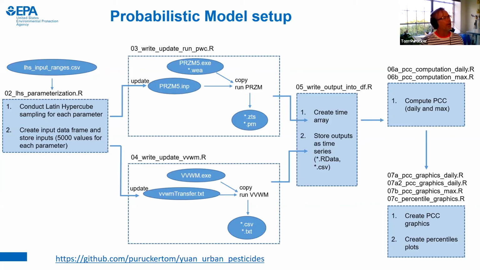But essentially for this project, we're doing 5,000 iterations. We're passing Prism inputs, so we have 40 inputs that are uncertain overall on this exercise.